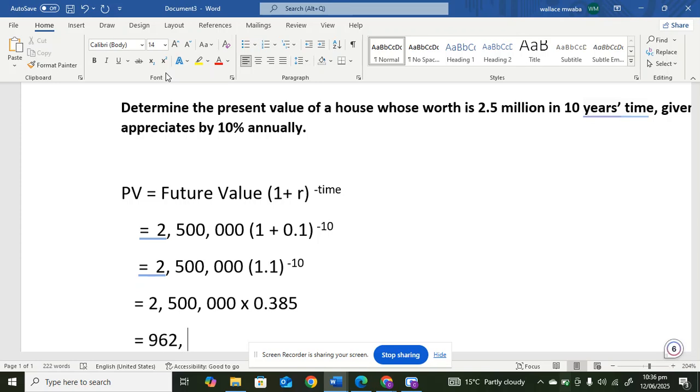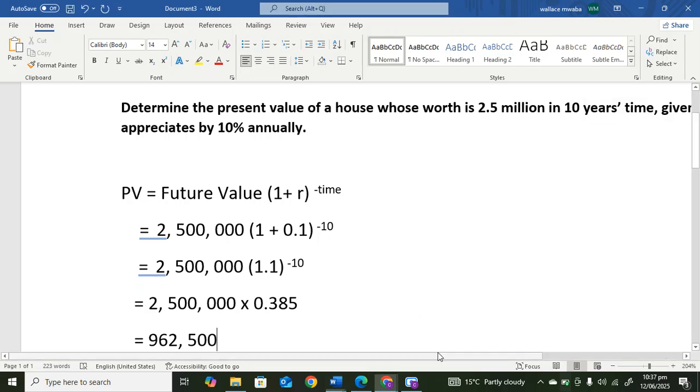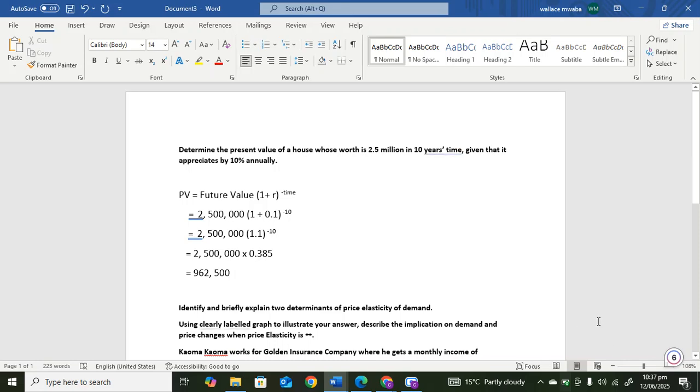I used 0.385. Mr. Manasseh, have you found your calculator? Are we getting this value? I just rounded it off, but yes, 962,500.